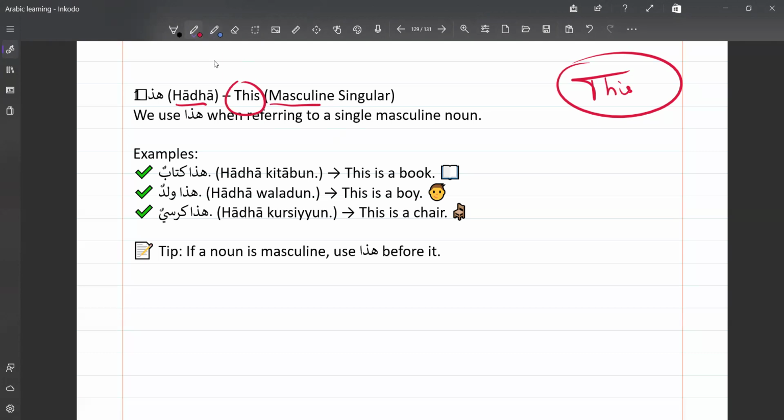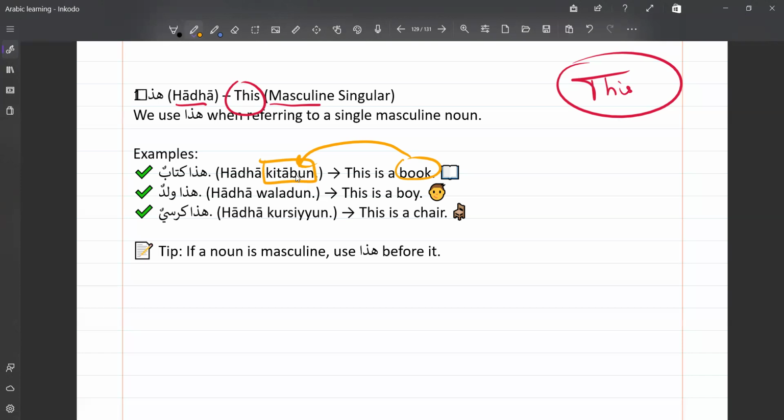For example, if I want to say this is a book, I will say هذا كتاب, because you should know in Arabic book is called kitabun, or just kitab.